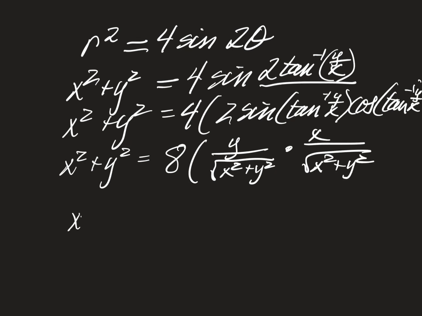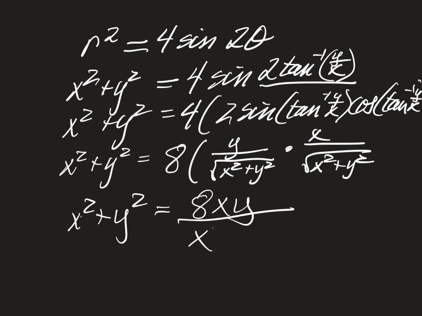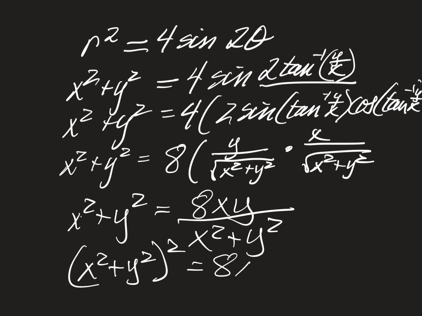So this equation is x squared plus y squared equals 8xy over x squared plus y squared. And if you wish, you could cross multiply and go x squared plus y squared equals 8xy.